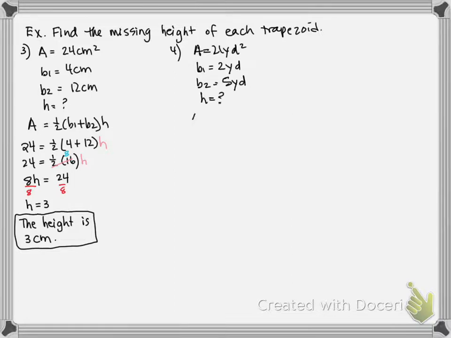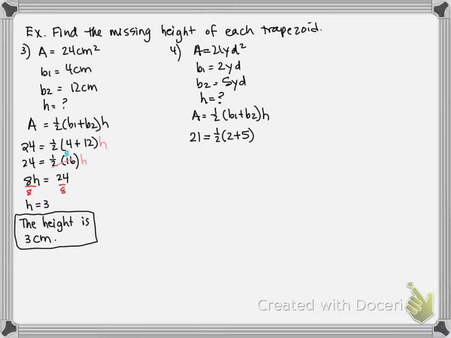So we're going to start with the formula. A equals 1/2 the sum of the bases times the height. So we're going to substitute in my numbers. We get area is 21. We have 1/2. We're going to have 2 plus 5 for the bases.